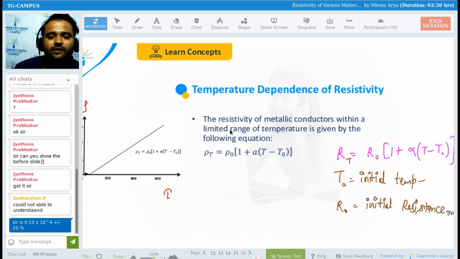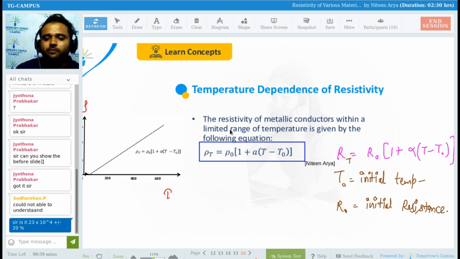Okay. In the same way, when your resistance is like this, in the same pattern the resistivity is going to be rho of T, which is nothing but resistivity at a particular temperature. Let me write it down.